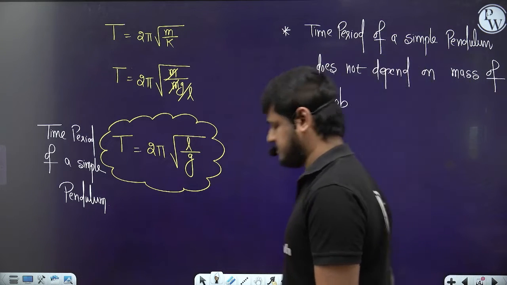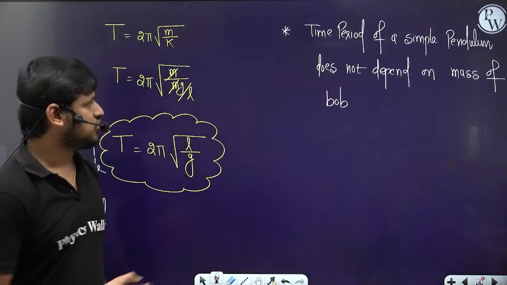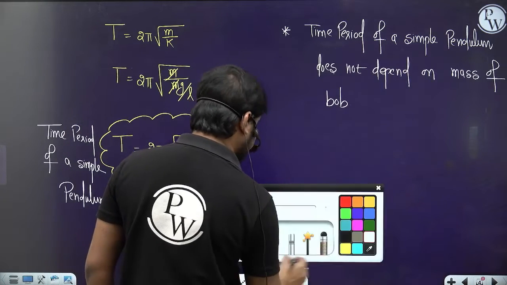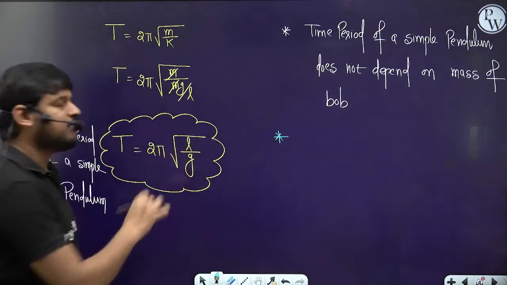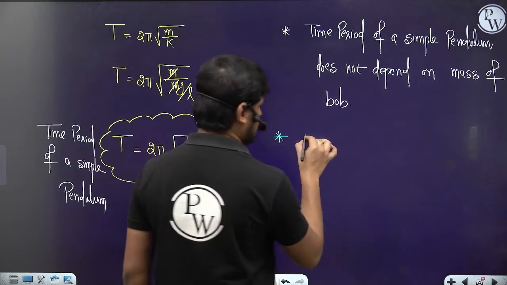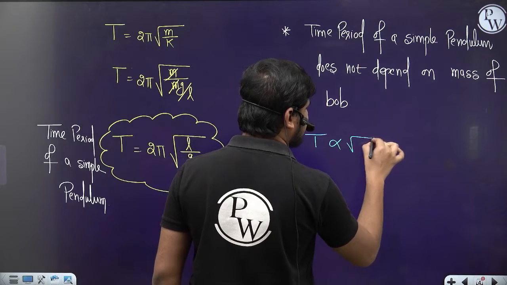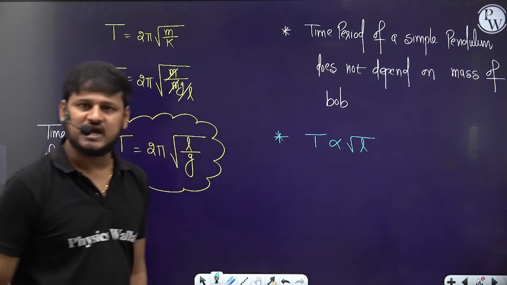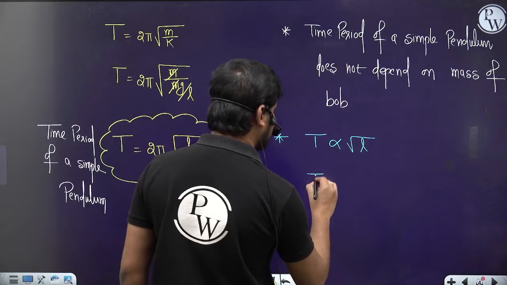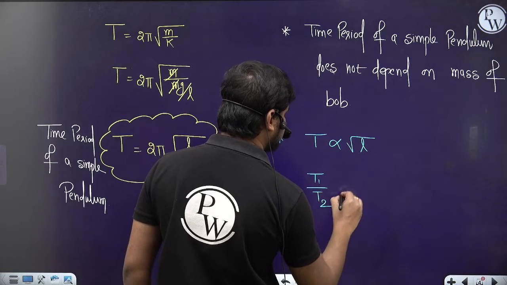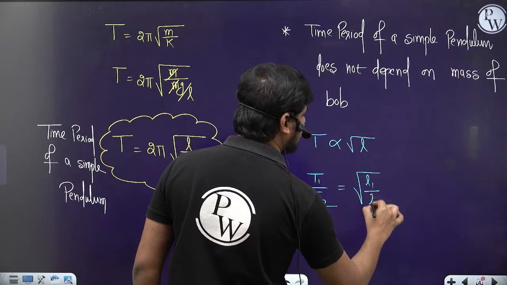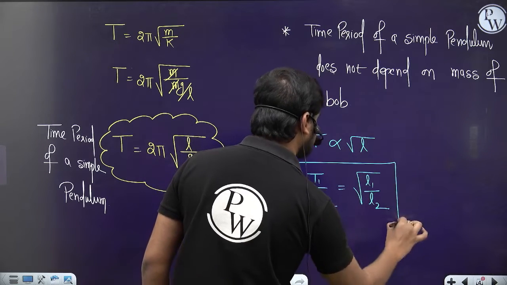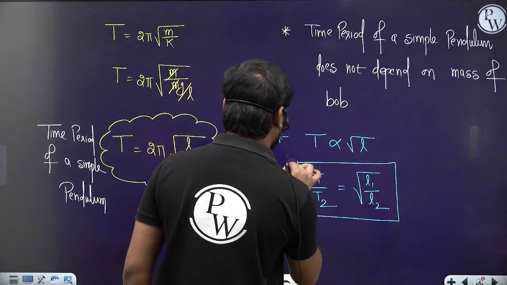Very important. That's the first point. And the second very important point is that the time period is directly proportional to root L. So we can write T1 by T2 is equal to root over L1 by L2. This is also one important point.